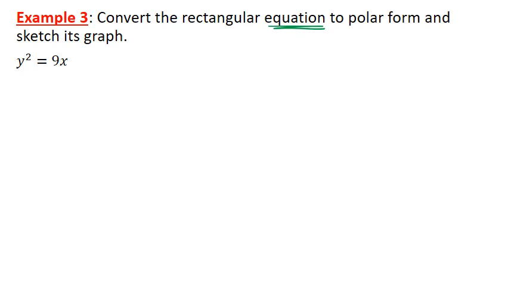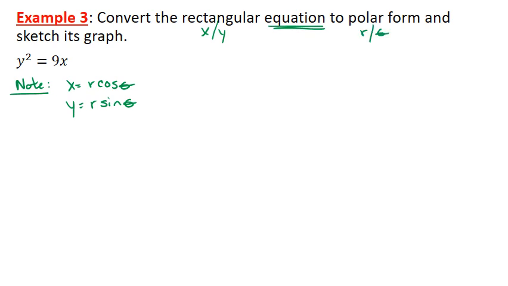So all of the necessary information was given to us already. The hard part is trying to figure out how to use that information. Now, I want to remind you that x is equal to r cosine of theta, and y is equal to r sine of theta. Now, if I have a rectangular equation, remember rectangular equations have x's and y's, whereas polar form has r's and theta.